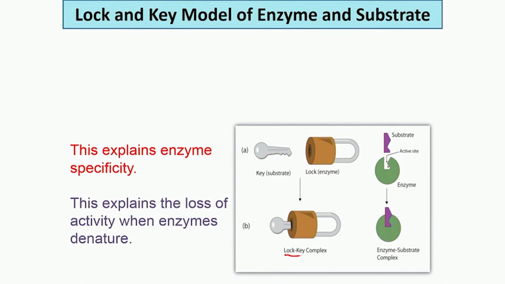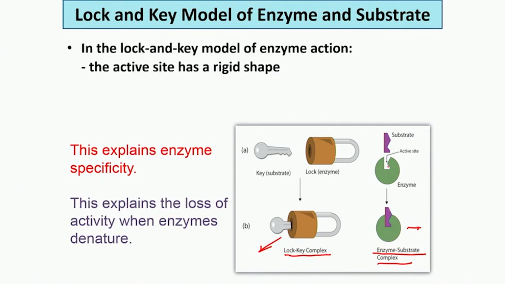So, this is the lock and key complex, and this is the enzyme and substrate complex. And then if you want to open, you have to put in some energy here, and if you want to get a product, you have to do something on this substrate. So, that is the homology between this lock and key and the enzyme substrate complex.